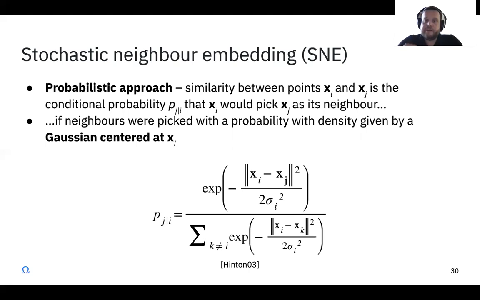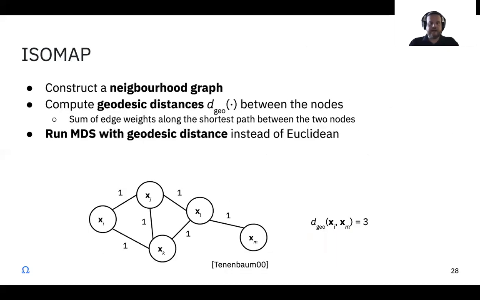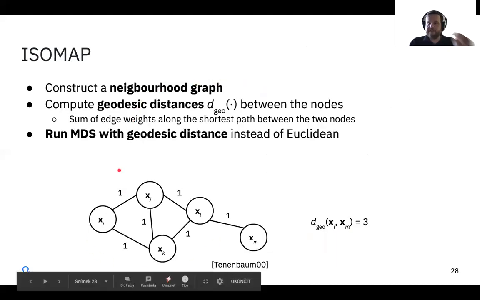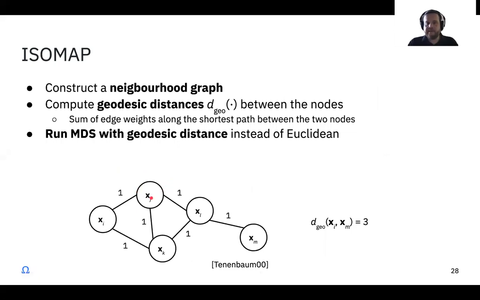It's a conditional probability that xi would pick xj as its neighbor. So you have your points sprinkled in your high dimensional space, and they have various distances from each other. So instead of assigning the neighborhood like here, where we just say, okay, this is the nearest neighbor, so this guy is definitely my neighbor, because I have assigned it by distances.